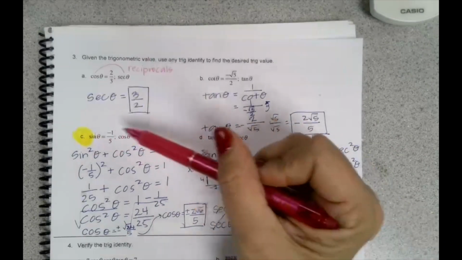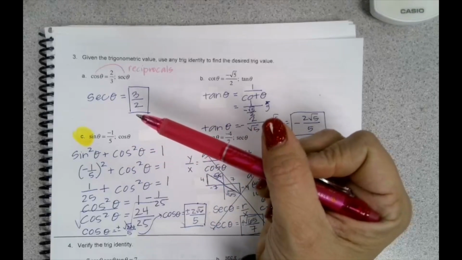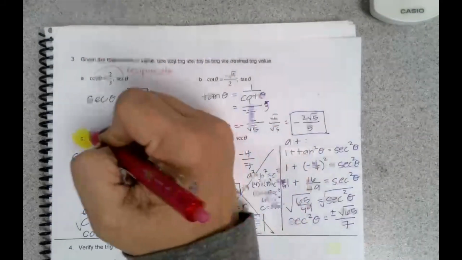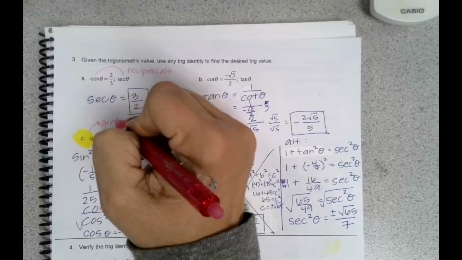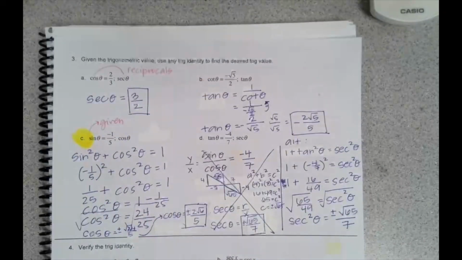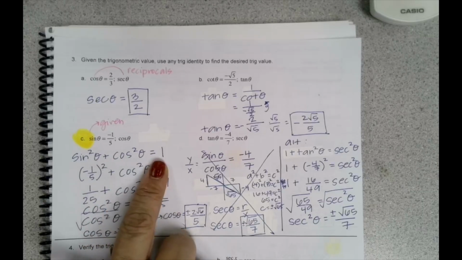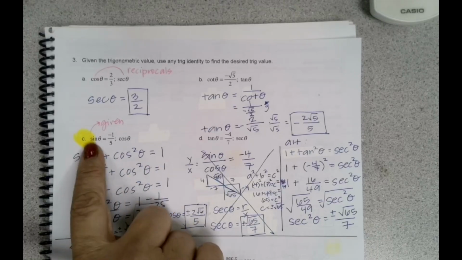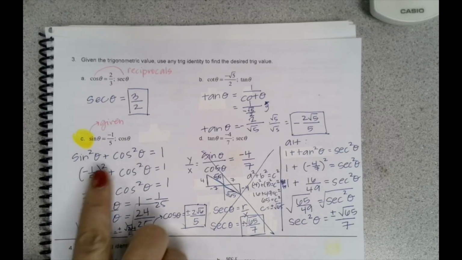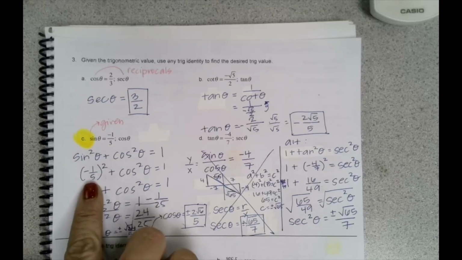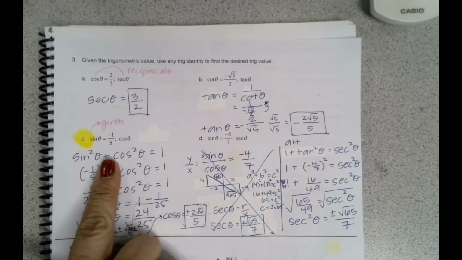Now here, sine and cosine are not reciprocals of each other. You are given sine, so you should go to the trig identity that has sine in it. So sine squared theta plus cosine squared theta equals 1. Well, they tell us sine of theta is negative 1/5, so all of sine theta becomes negative 1/5, and then you're squaring it.